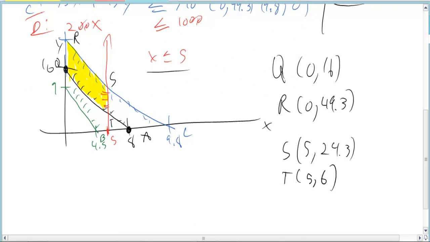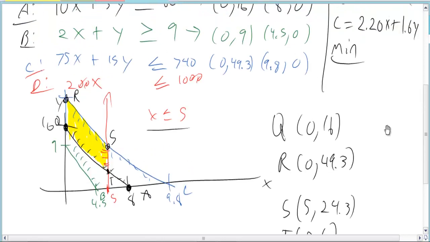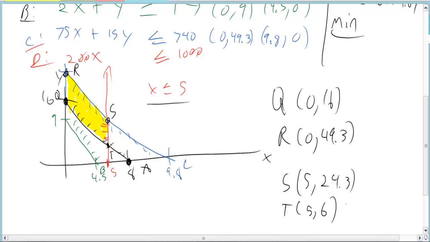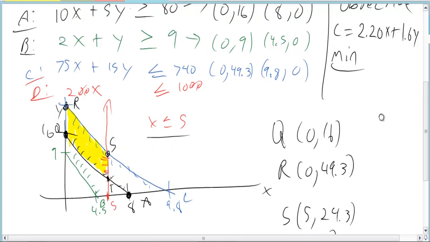So now we've got our 4 corner points. We know that our min must occur somewhere within these boundaries, within these corner points, and each of these corner points satisfies the conditions. So now all we care about is just find which one costs us the least. So now we take each of these values, plug it in for our C equation, so cost.